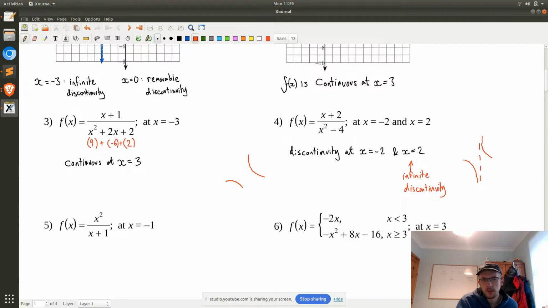They become ever larger negative numbers. So it will look like that. And so it's another infinite discontinuity. And I must check.